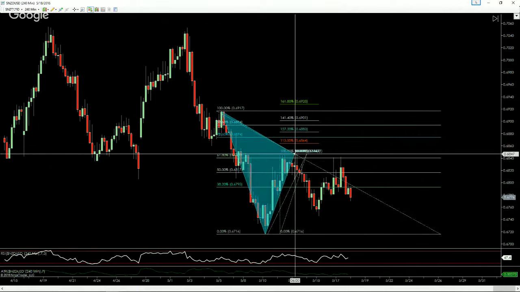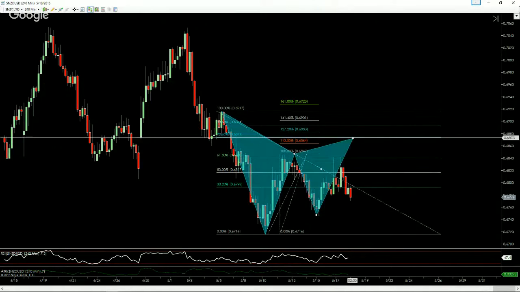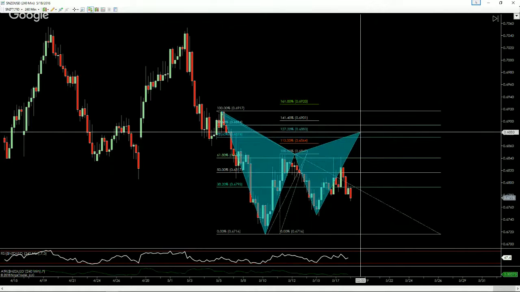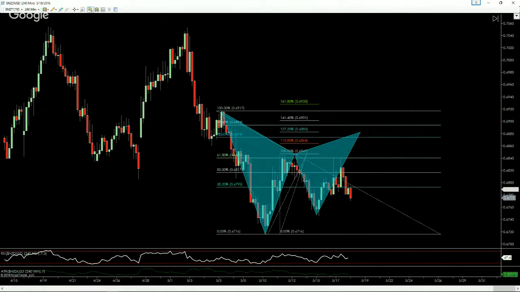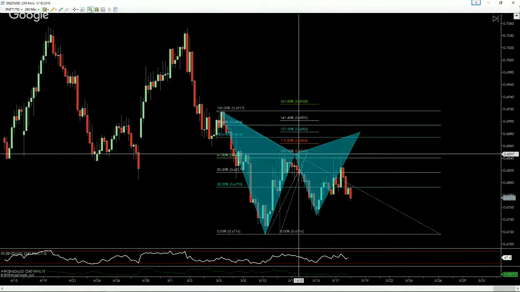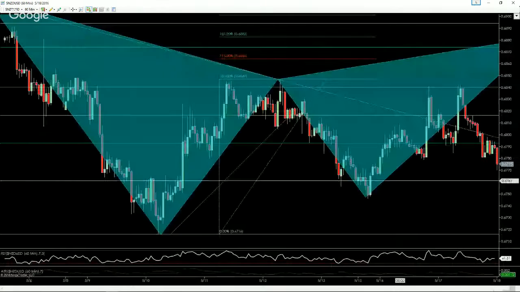A to B. And there you go. Same thing with this one. We still haven't passed our B leg right there. So this 240 pattern could take a little while.